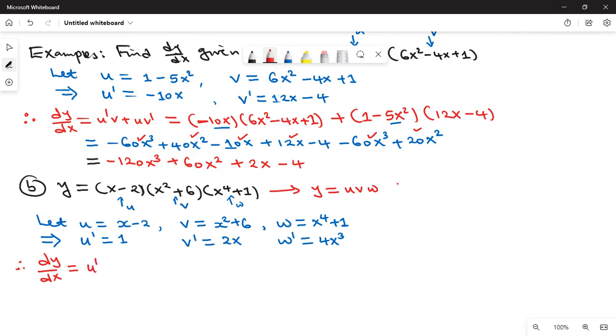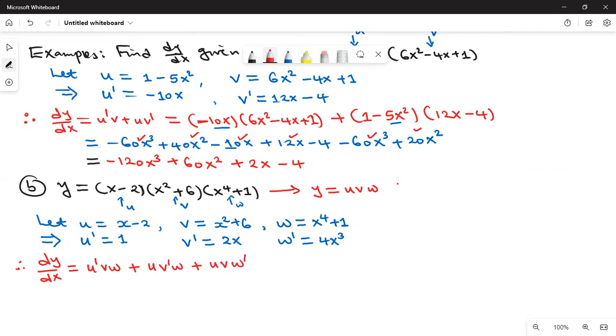You differentiate u to get u prime while keeping v and w constant, plus now differentiate the second function, keeping the remaining constant. So u is a constant. We now differentiate v, and also w is constant, plus now differentiate the third function while keeping the first two constants. So u constant, v constant, but now we differentiate w.